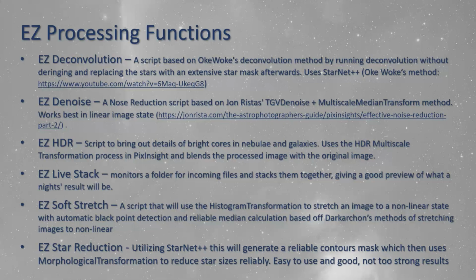I think it's a pretty good script. I like it. I've used several scripts and several techniques for doing this, but to me, this one does one of the best jobs of reducing the stars without doing any damage to the rest of the image. All right, those are the scripts that are out there now.